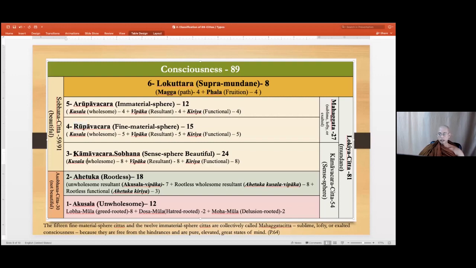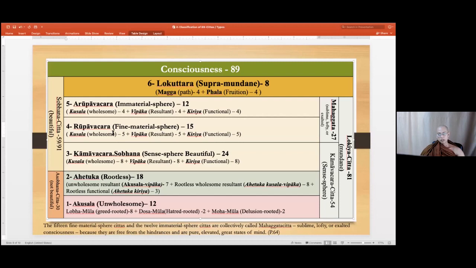Okay, so the Kama Vachara consciousness, all sense-sphere beautiful, usually and mostly arise in the sense-sphere plane of existence, the 11 sense-sphere planes of existence. Number 4 is the Rupa Vachara consciousness. This is translated as the fine-material sphere consciousness, 15 in number.